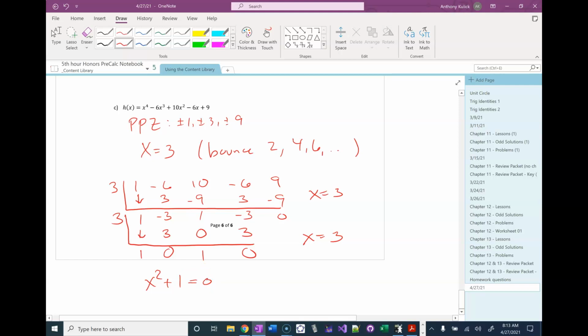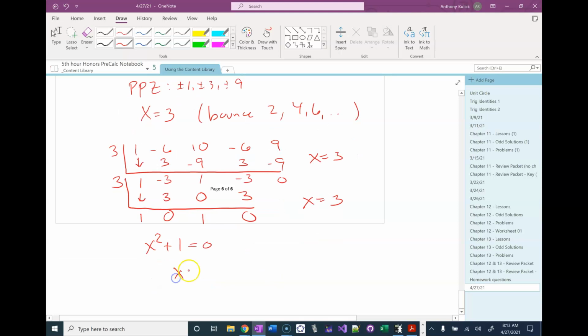To do this, I'm just going to subtract 1 from both sides and then square root both sides to get plus or minus i. So there's my x equals 3 with multiplicity of 2, and plus or minus i is our other solution. You're welcome.